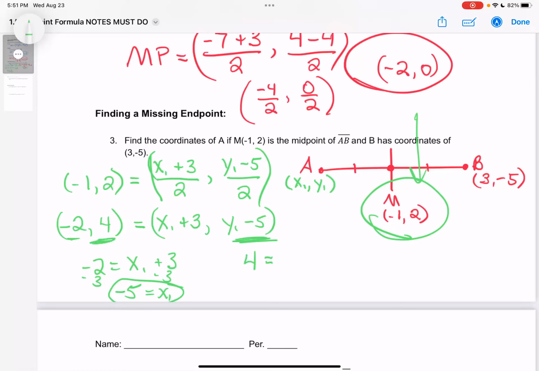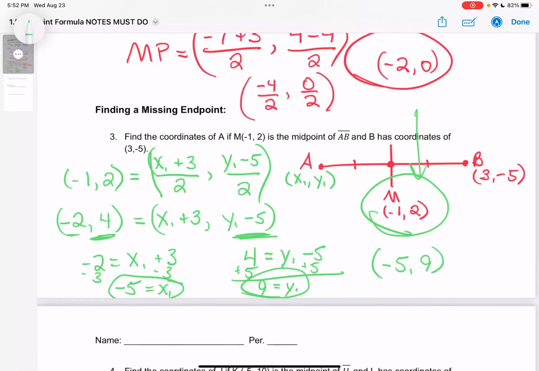So 4 equals y1 minus 5. Add 5 to both sides. And I'm going to get 9 equals y1. So my ordered pair there is going to be the x value first, -5, then the y value, 9.